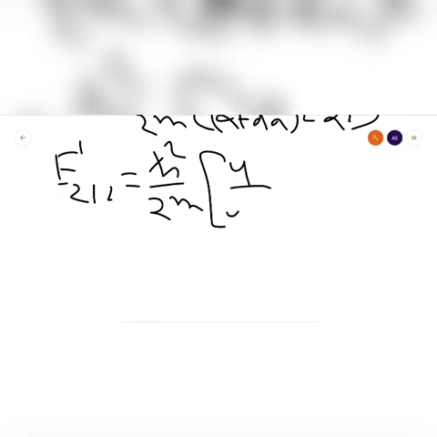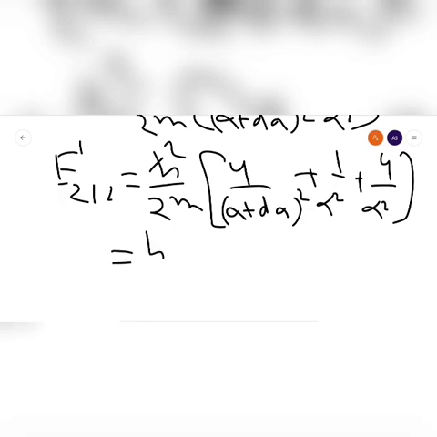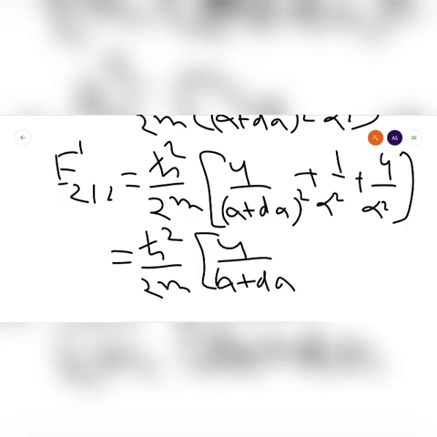Similarly, for the energy of the 2, 1, 2 state, you can write h square by 2m times 4 upon (a plus dA) square plus 1 upon a square plus 4 upon a square, and solving this relation, h square by 2m times 4 upon (a plus dA) square plus 5 upon a square.